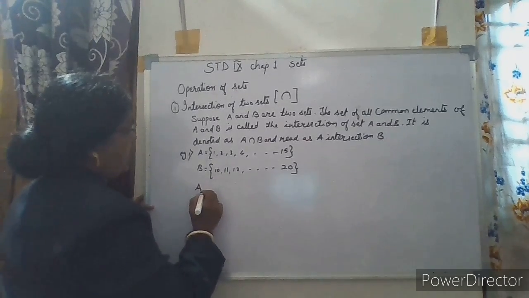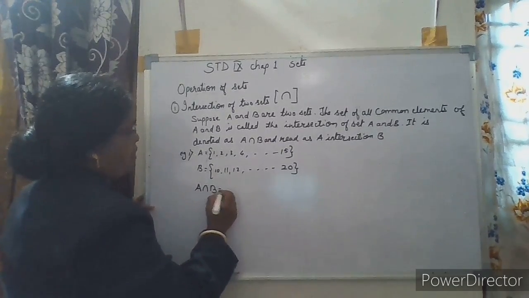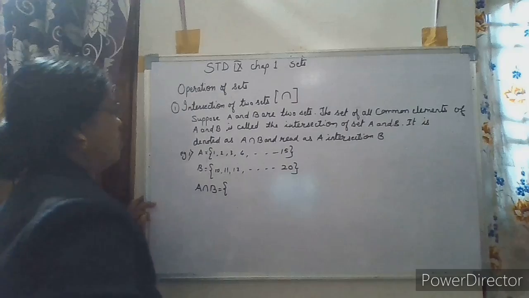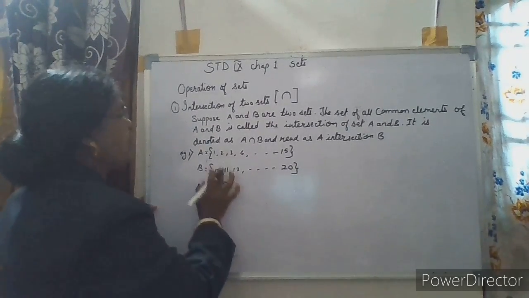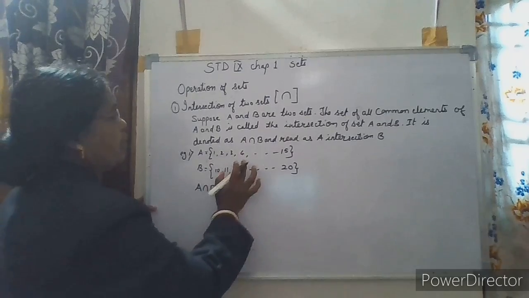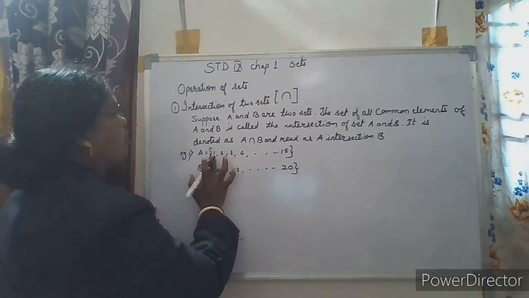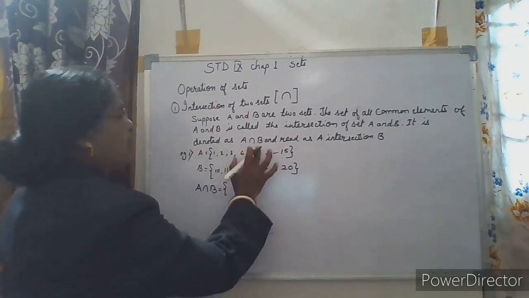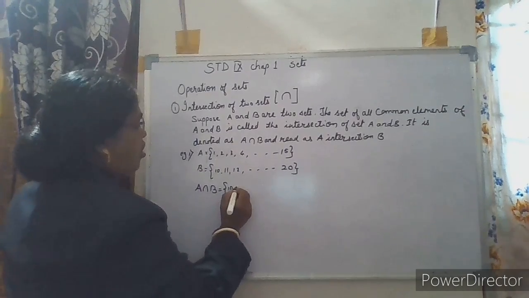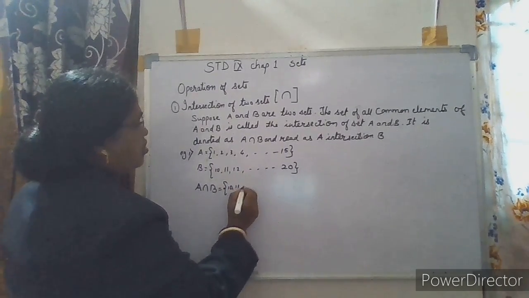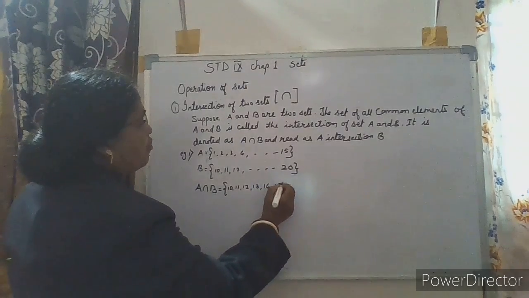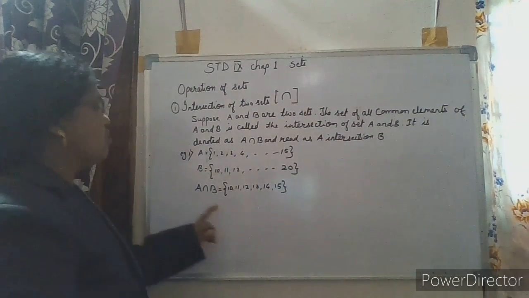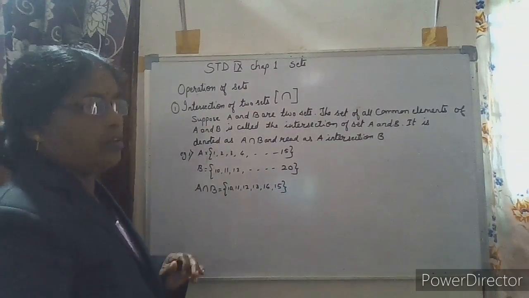So that will be A intersection B. So A intersection B is the common elements of set A and set B. That is 10 is here because 1 to 50 is set A. So 10, 11, 12, 13, 14, 15. This is A intersection B.